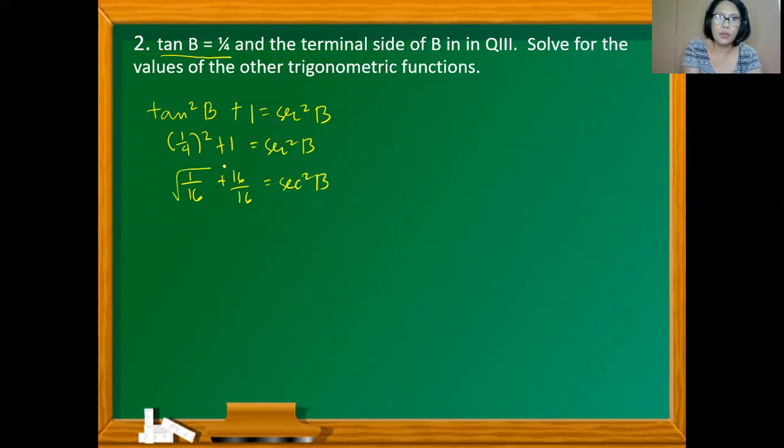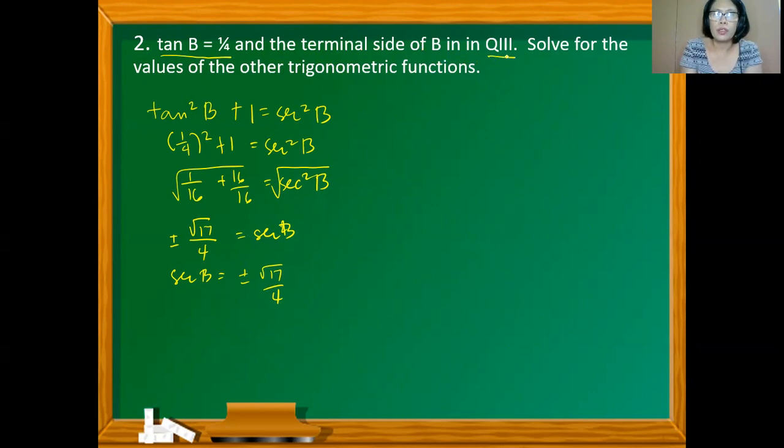So extracting the square root of both sides, we have square root of 17 all over 4. So this is positive, negative equals secant B. So secant B equals positive, negative square root of 17 all over 4. Now, in the condition here, the terminal side of B is in quadrant 3.